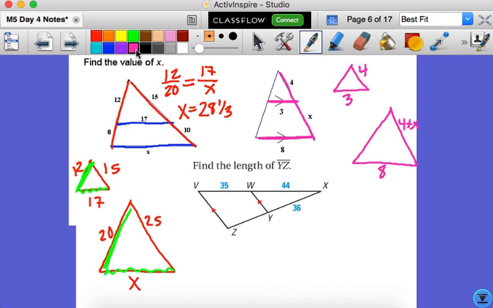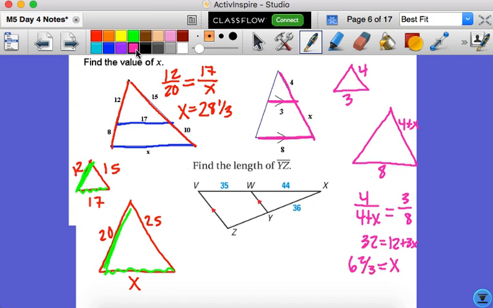Then I can set up 4 over 4 plus x should equal 3 over 8. I can cross multiply and get 32 equals 12 plus 3x. So 32 minus 12 is going to give me 20. And then if I divide that by 3, I find out that x is 6 and 2/3.